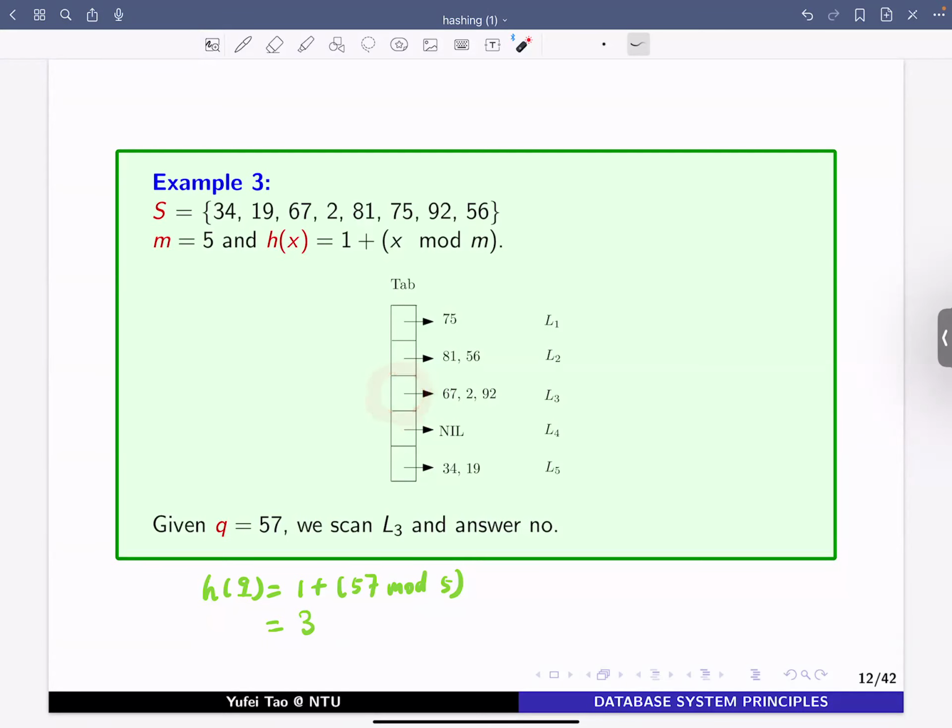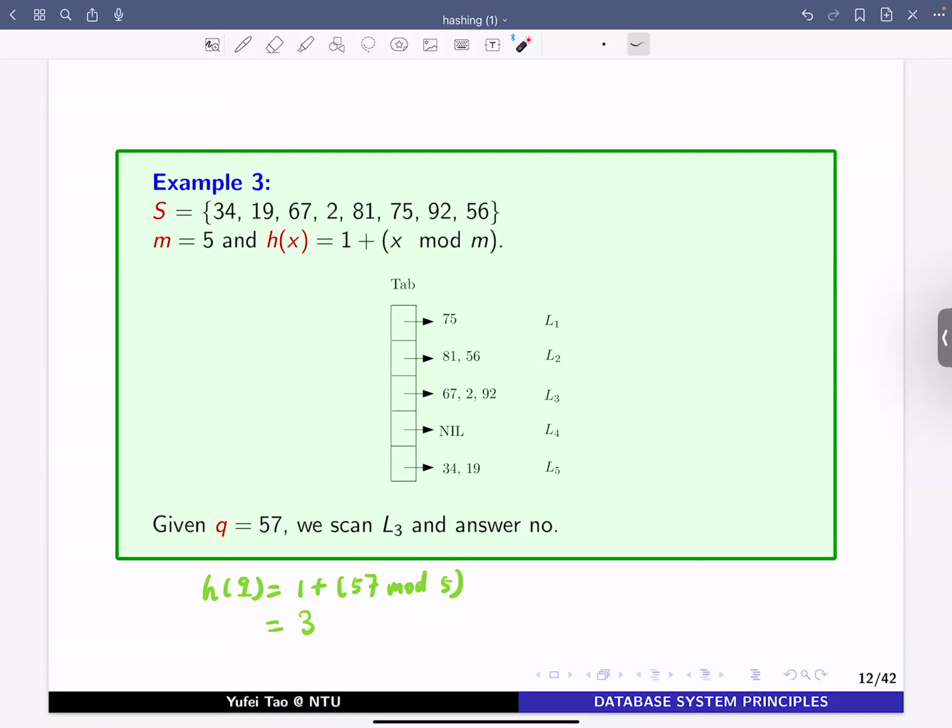So you go there. Now, if this hash table is stored on the disk, you will have to pay 1 IO to read it. Okay, and remember we don't have to read these two cells. We can go directly to this cell because this is an array. The hash table is an array.